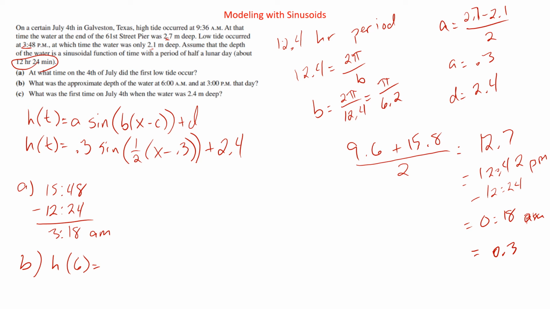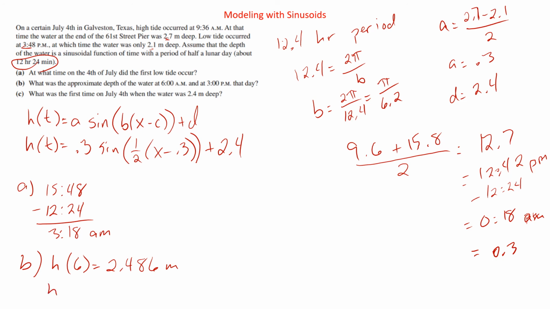When you do this, you should get about 2.486 meters. 6 a.m. was kind of in the middle of the two tides, so it should be about the middle point, which was 2.4, which is pretty close.